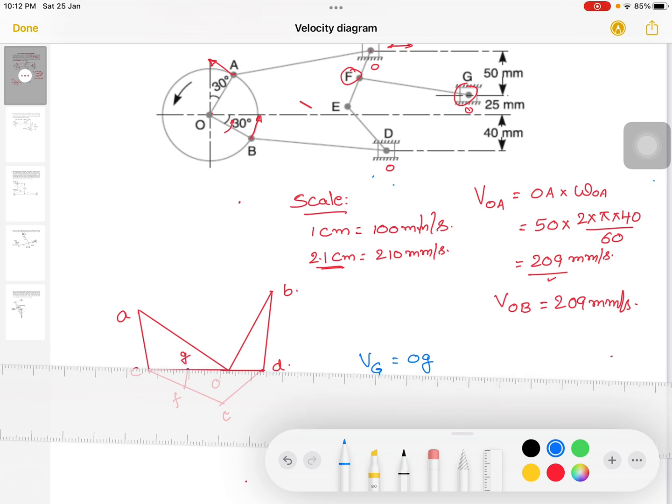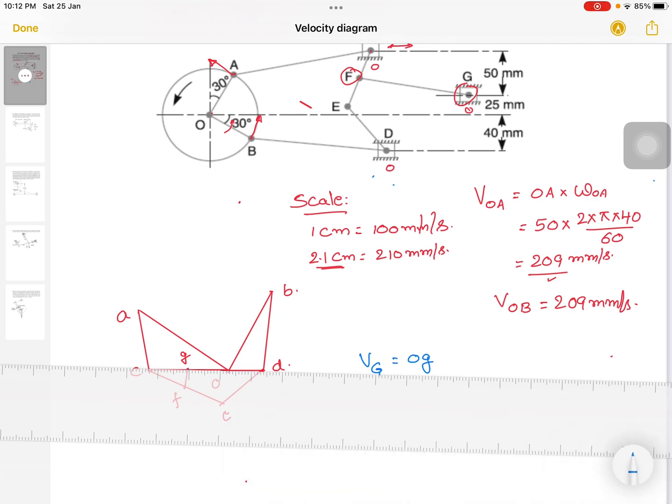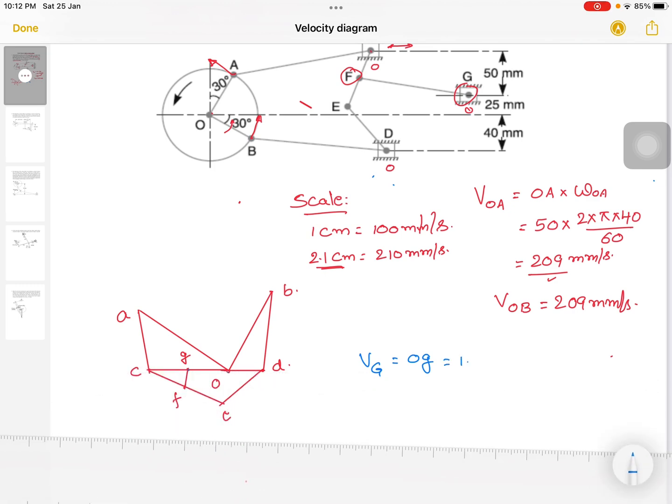In this case it is 1.3 centimeter. What we assumed is 1 centimeter is 100 mm per second. That means the velocity of the slider will be 130 mm per second. This is the answer for the given question.